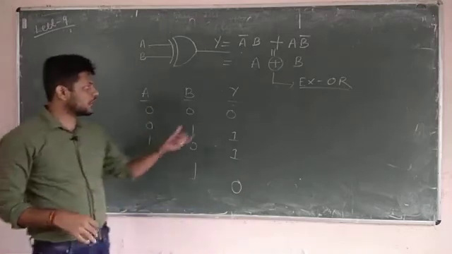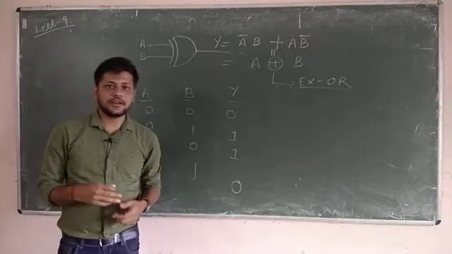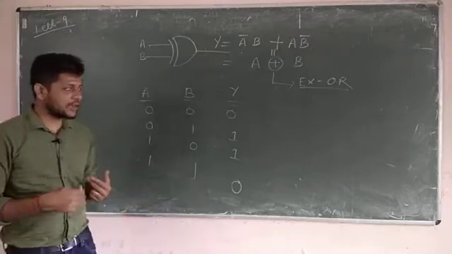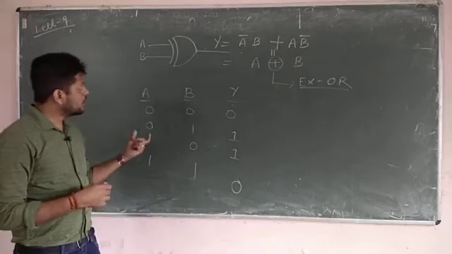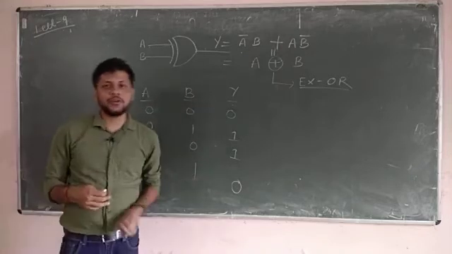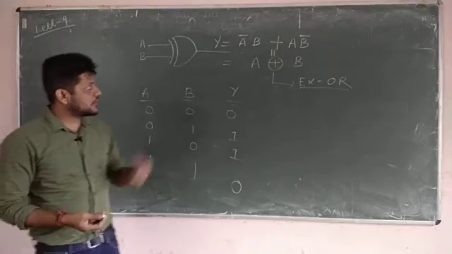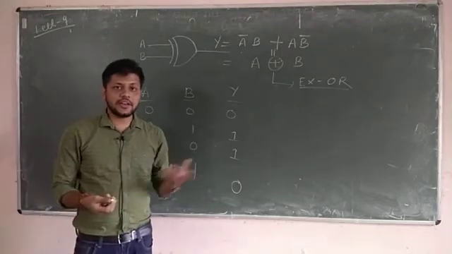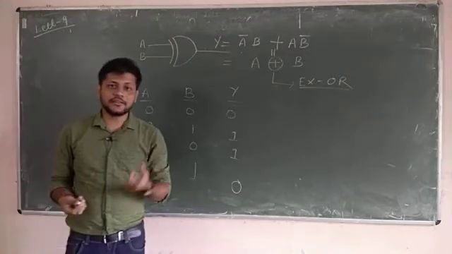From this truth table, we have drawn a conclusion: if more than 2 inputs are applied to the exclusive OR gate, how will we find when the output of the XOR gate will be 1? That is the case that the XOR gate is an odd number of 1s detector.